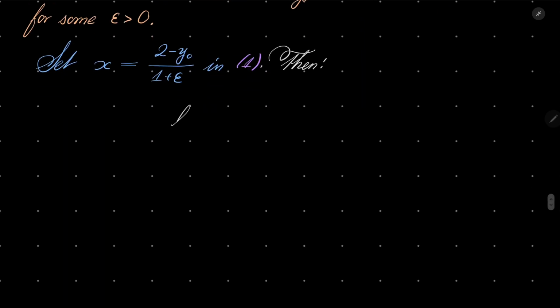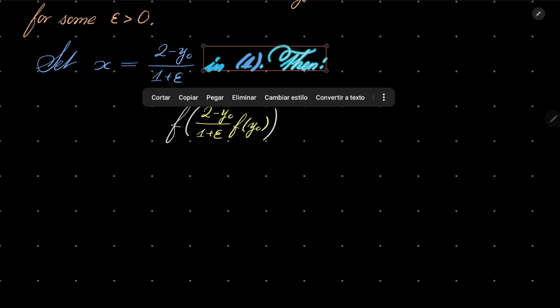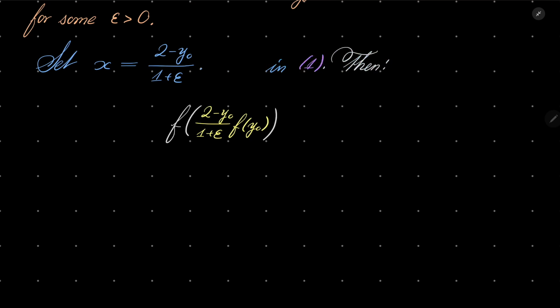On the left hand side, we have f of x times f of y, and also I set y to be y0, times f of y0 equals f of x plus y.